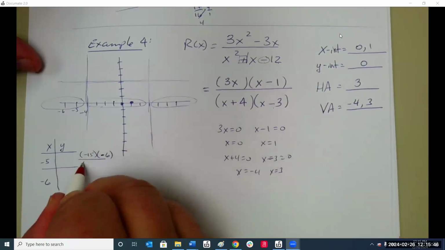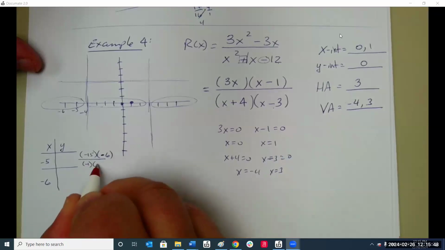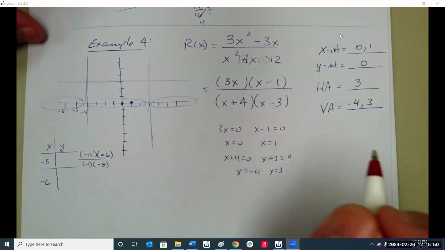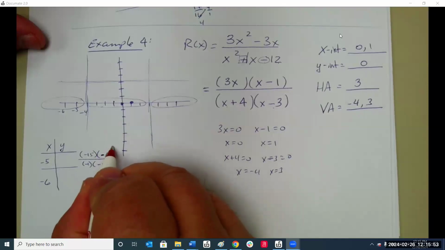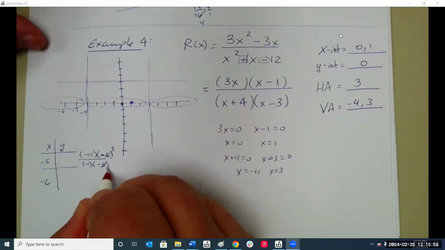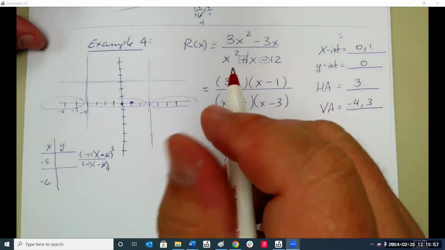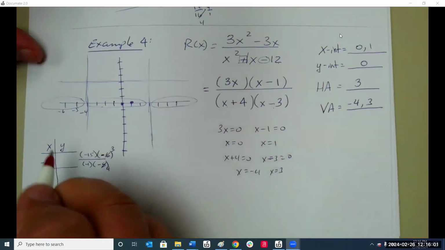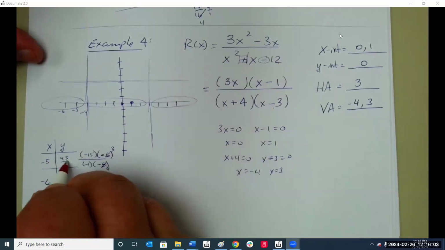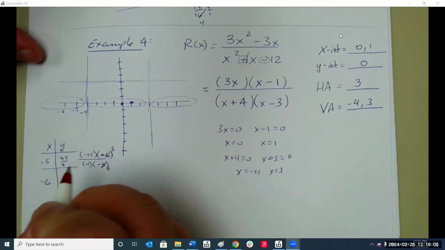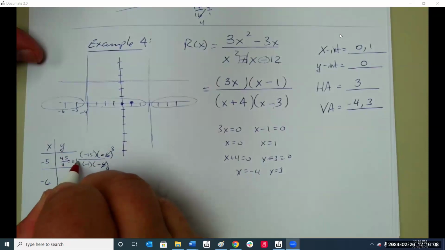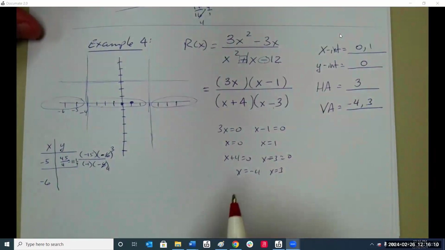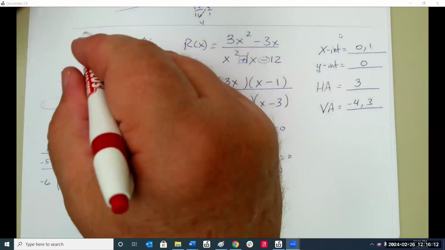Negative 5 plus 4 is negative 1. And negative 8. So it's going to be positive 15 times 3 is 45 over 4, which is 11 and 1/4. That's all the way up there.